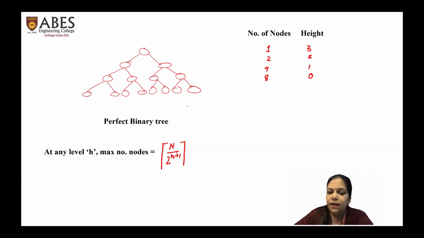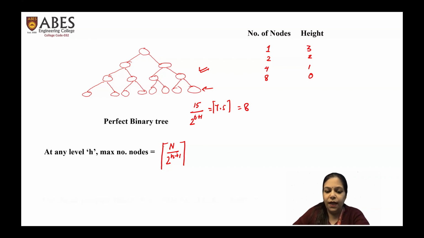Like in this case, the number of nodes is 15. Now, if I want to compute the number of nodes stored at height 0, it will be 15 upon 2 raised to the power 0 plus 1, which gives 7.5. And the ceiling of 7.5 is nothing but 8.